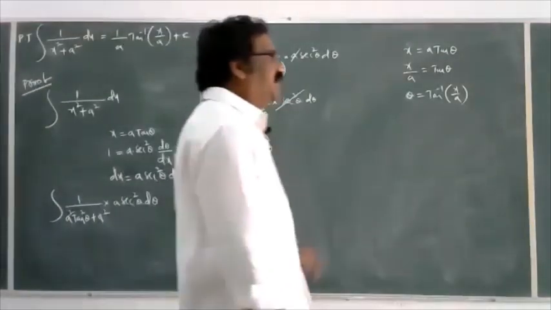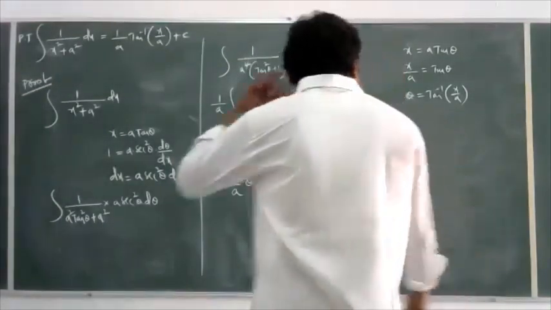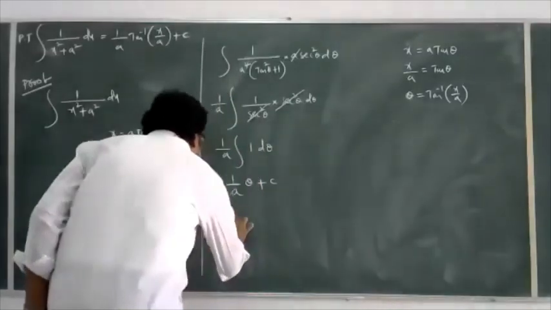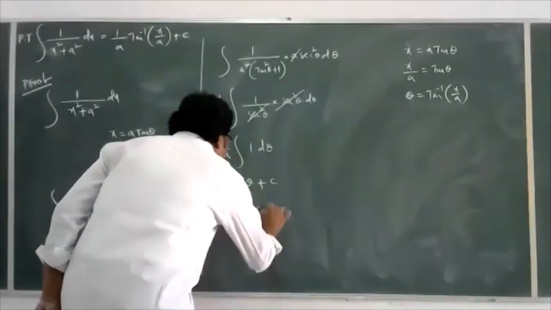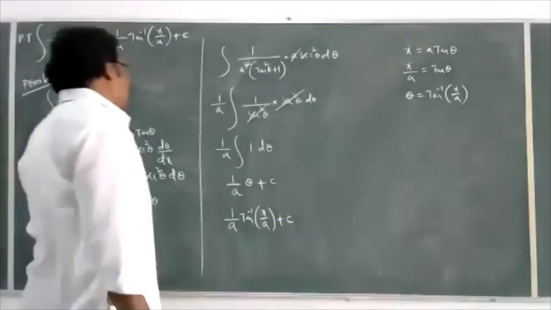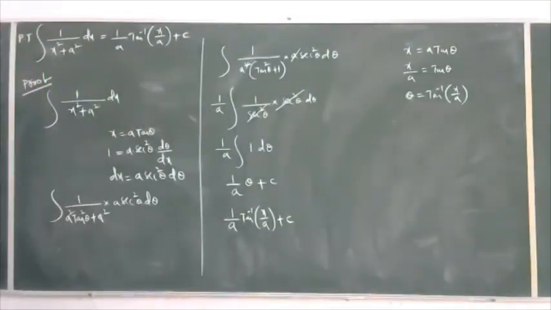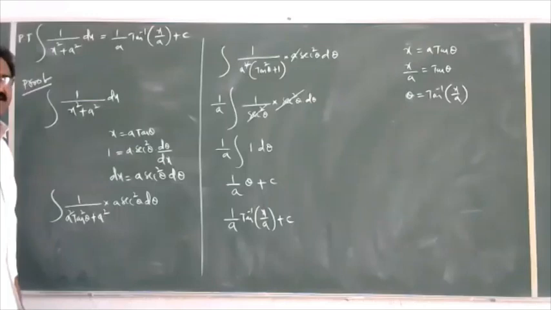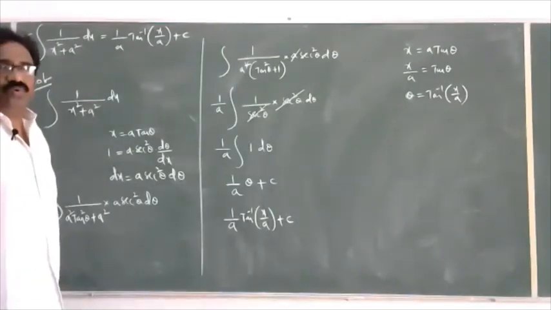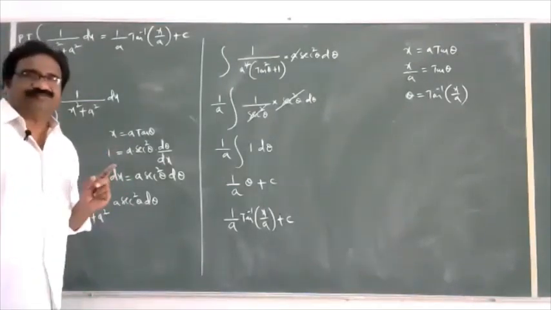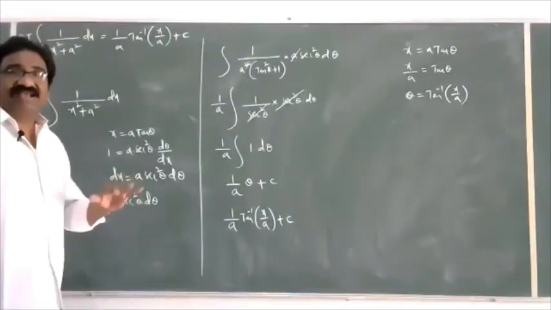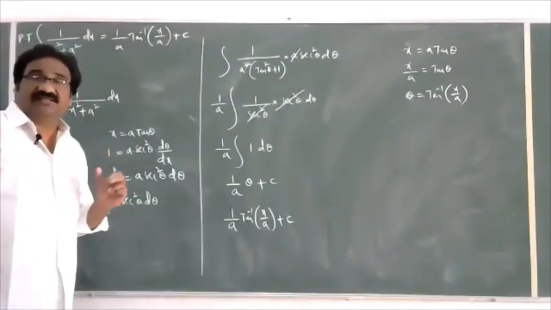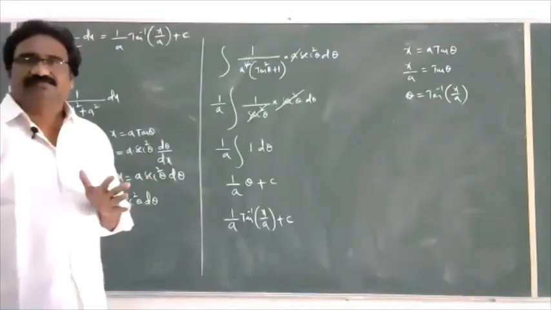From inverse trigonometric functions, theta is equal to tan inverse x by a. Here you write 1 by a into tan inverse x by a plus c. You observe what substitution is required here, depending on the given function in the problem.